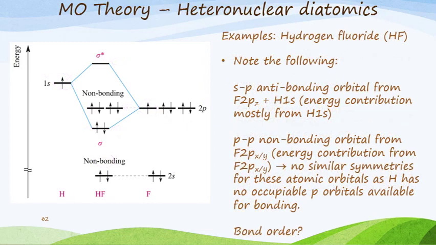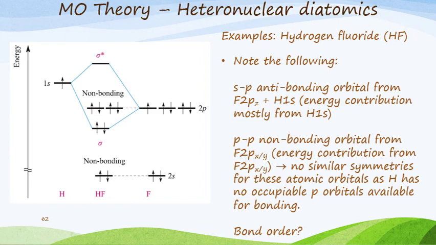Again, this is just further explanation that the sigma antibonding orbital comes from the F2pz and the H1s, and the energy contribution is mostly from the 1s orbital, and then the pi non-bonding orbitals come from the fluorine 2px and 2py energy contribution. There are no similar symmetries.